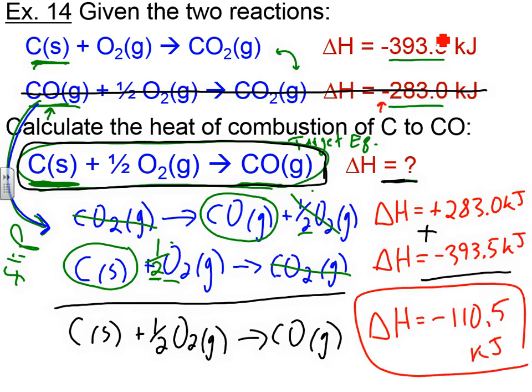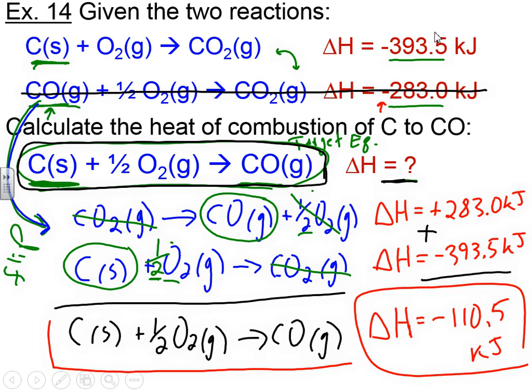Notice we were able to get the delta H of an equation that we didn't have to perform the reaction for. So this is the beauty of Hess's law. You can determine the delta H of a new equation without having to perform the reaction. And when you do perform it, to confirm it, you will find out that it exactly matches. Hopefully, as long as there's no error committed in the reaction itself.